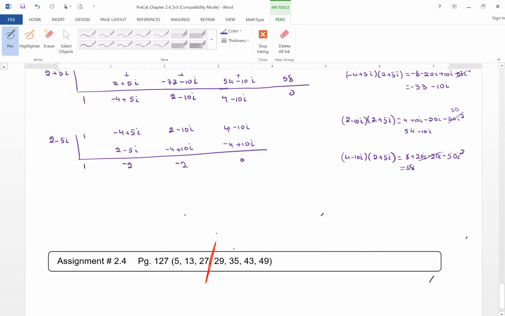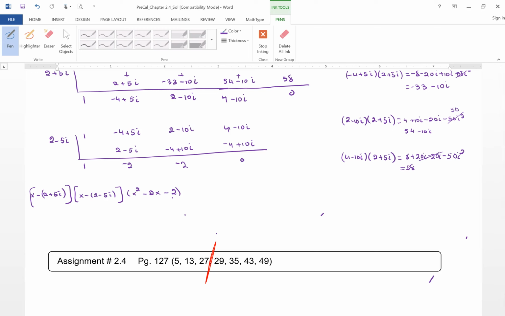So from here, let's do this whole thing now. So we had x minus 2 plus 5i, x minus 2 minus 5i, and here I have x squared minus 2x minus 2. Now, these are the factors.